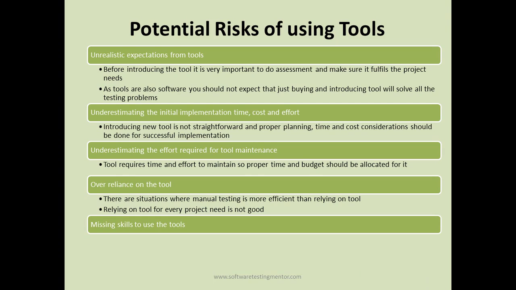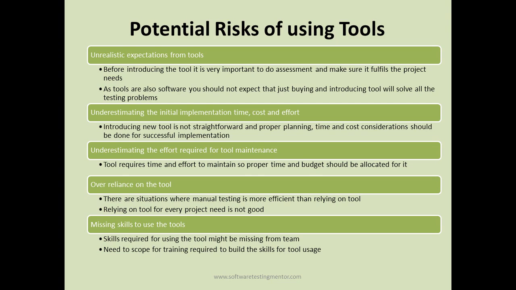Then missing skills to use the tools. So that's another. Skills required for using the tool might be missing from the team. So suppose you have bought an automation tool which requires VB scripting knowledge and your team doesn't have that skill set.